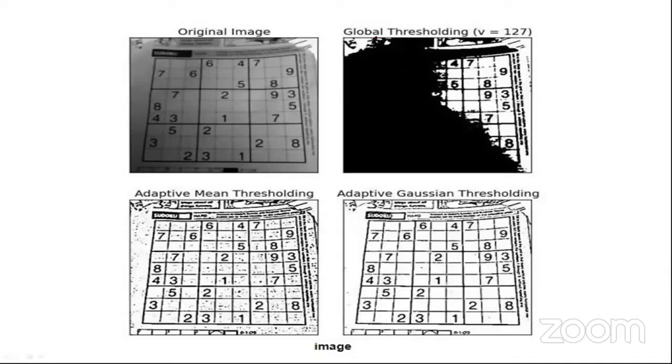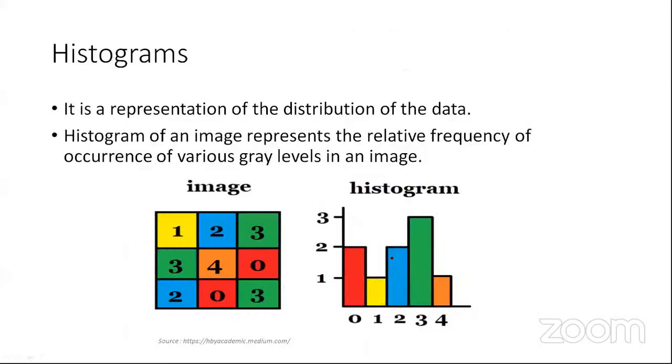I implemented global thresholding using a threshold of 127, and this completely ruins my image. Now I use adaptive mean thresholding, and this is the result I got, and with adaptive Gaussian thresholding I got this result. In some cases adaptive thresholding works, in some cases simple thresholding works. You have to check it yourself.